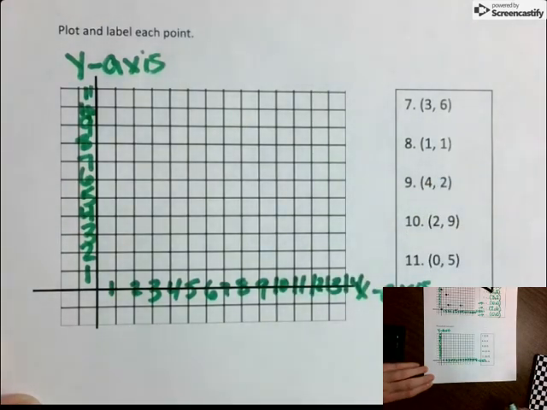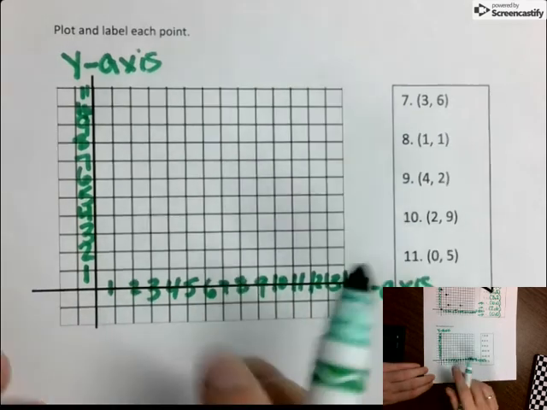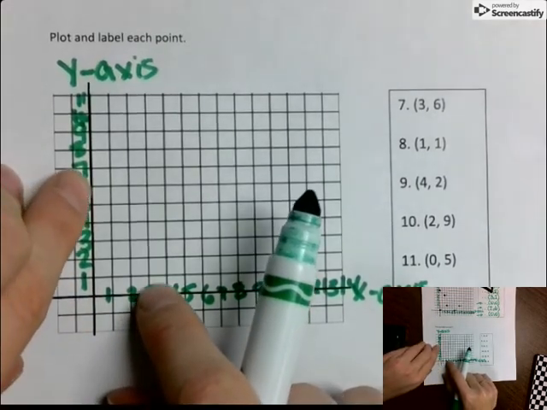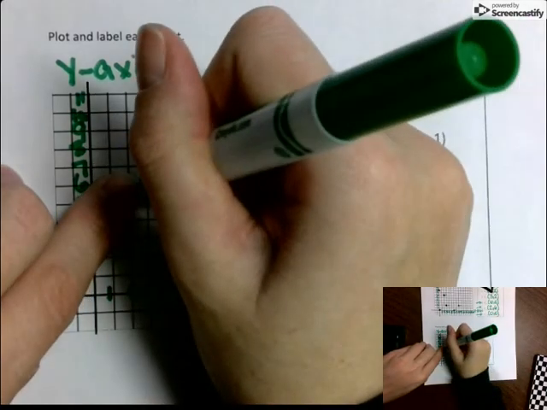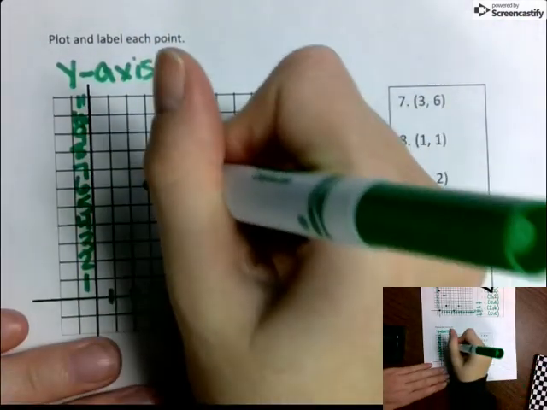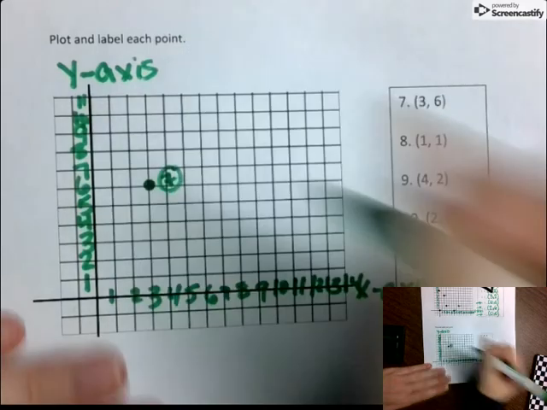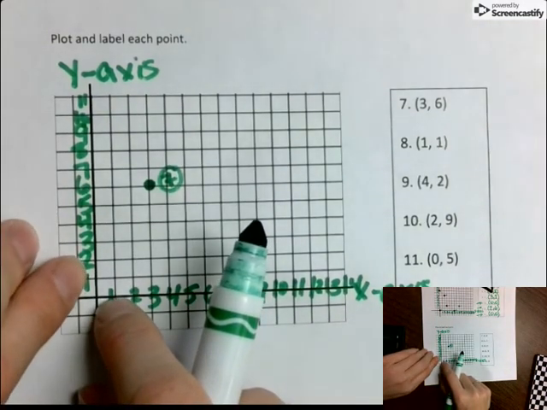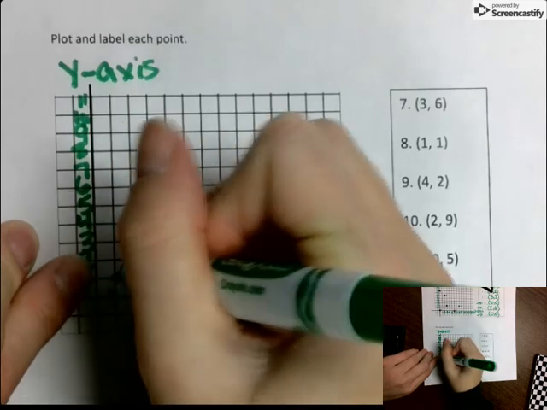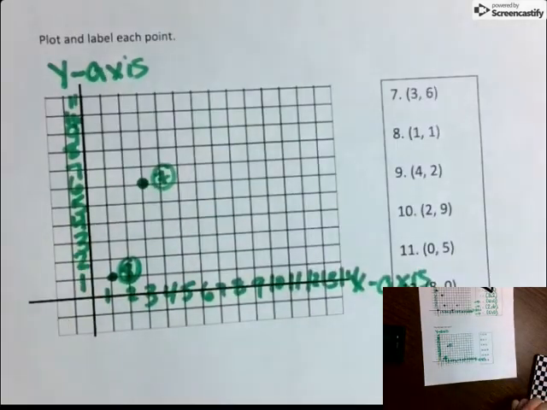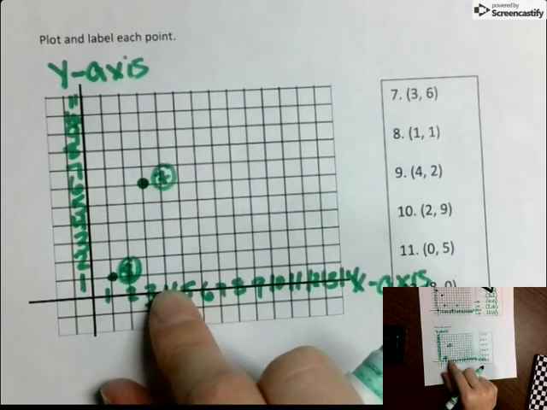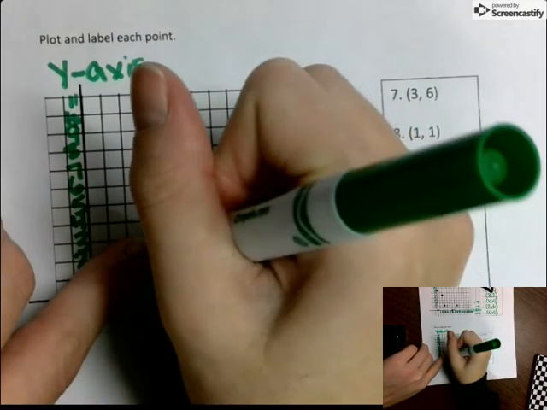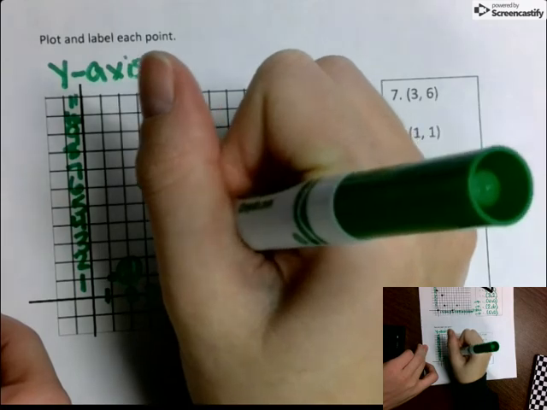So the point 3, 6, we find 3 left to right, we find 6 up and down, and where the 2 lines meet is going to be number 7. Find 1 on the x-axis, 1 on the y-axis, that is number 8. Find 4 on the x-axis, 2 on the y-axis, that is our point 9.